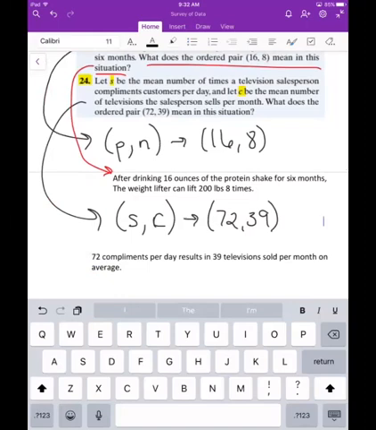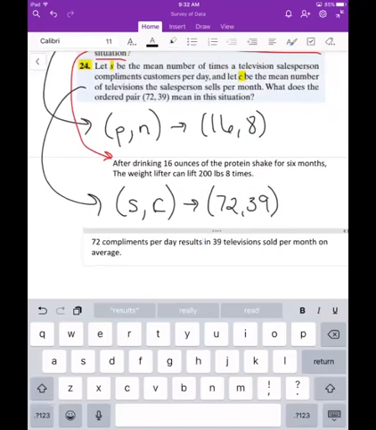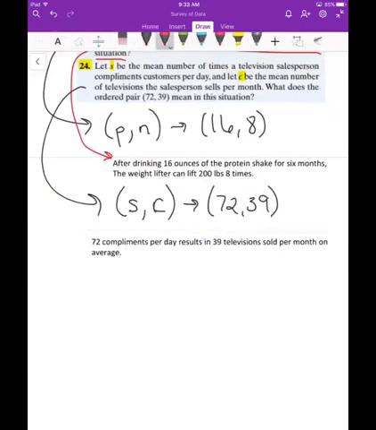So 72 compliments per day on average results in 39 televisions sold per month on average. Right? So that per day was very important. Not 39 televisions sold, period, 39 televisions sold per month. Don't forget any of those units. Okay, so there we then again described what this means in the situation.